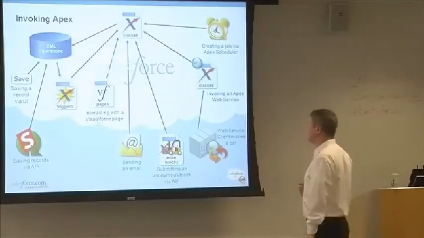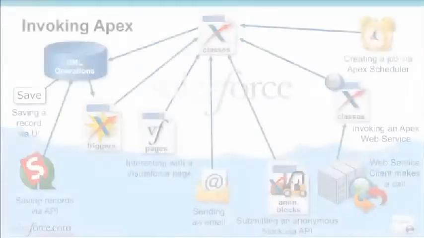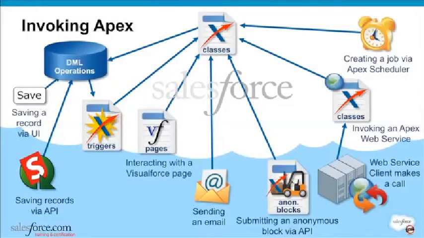All right, when we think about all the different ways that we can invoke Apex, there's a number of different options available to us. Now, first of all, I want to explain this diagram. You'll notice that there's a cloud and then there's sky below the cloud, okay? The way you can think about this is that the cloud, the white area, represents the Salesforce system, and then the blue sky represents things that are external to Salesforce, okay?